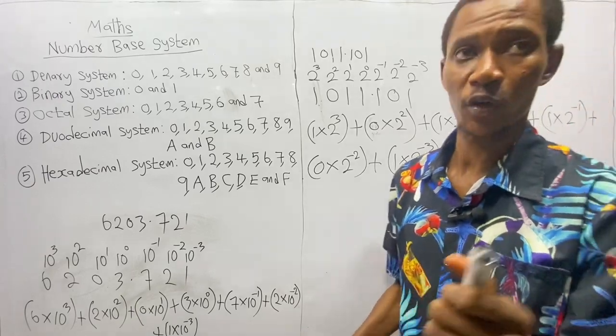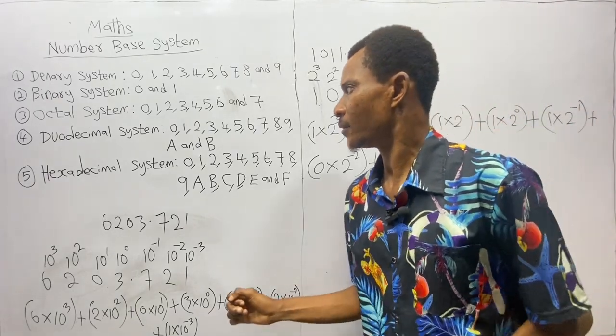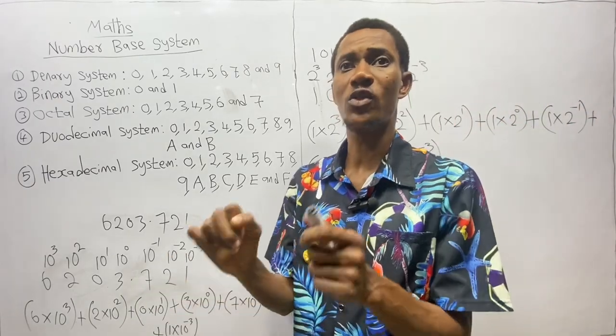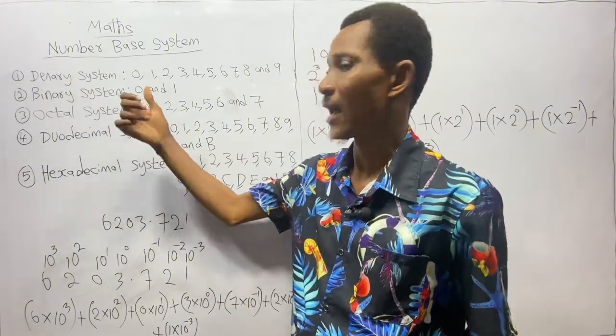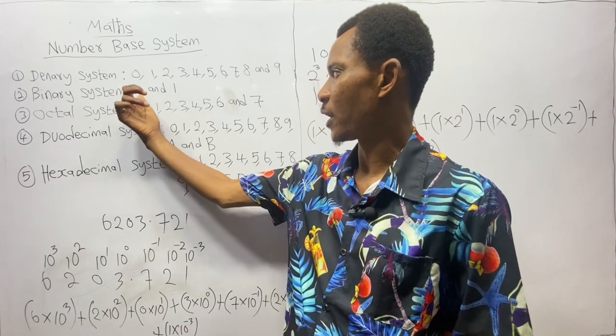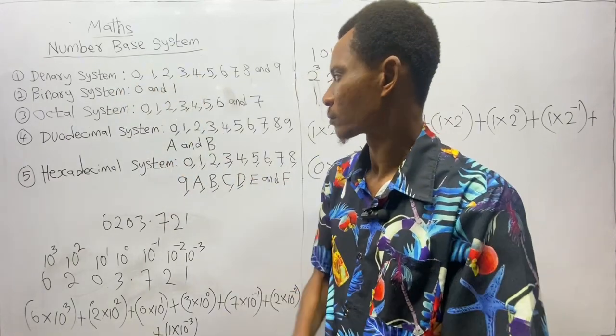Now I forgot to tell you this. The digits used for base 2, or the binary system, are just two digits, 0 and 1.